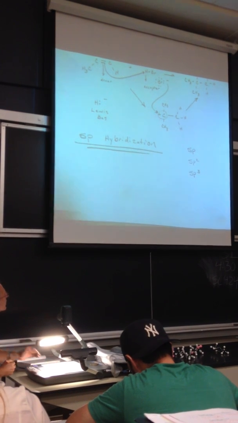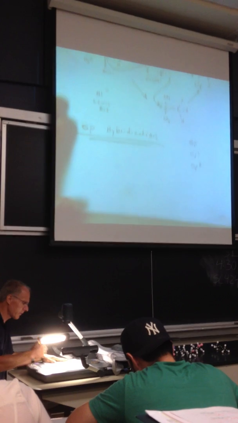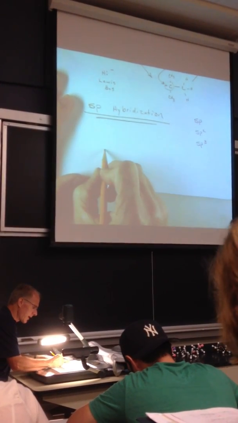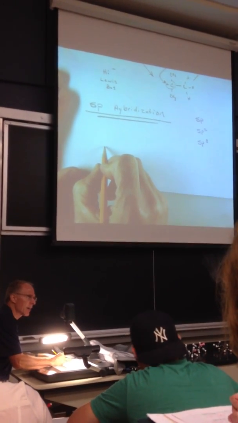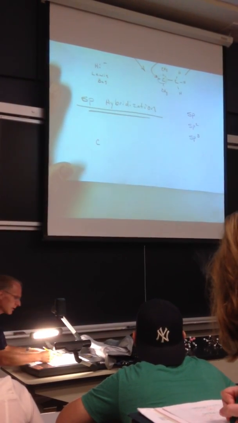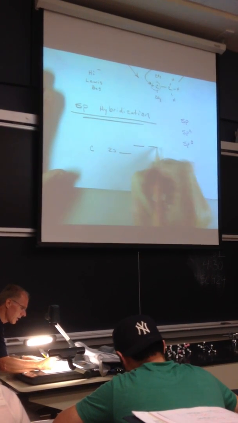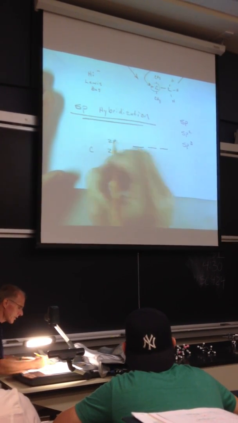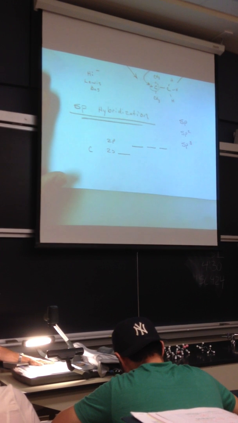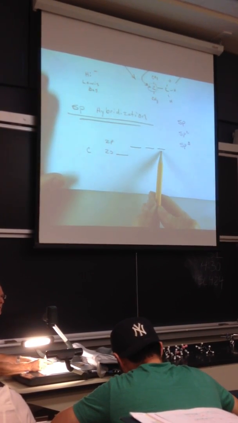Now what does sp2, sp3 actually mean? Let's go back and review real quick. Let's take a carbon atom, for example, and look at its outer valence shell. So if I have a carbon atom, its outer valence shell is the second energy level. It has a 2s and a 2p sublevel, right? And I draw each of the orbitals as a line, representing the degenerate orbitals.